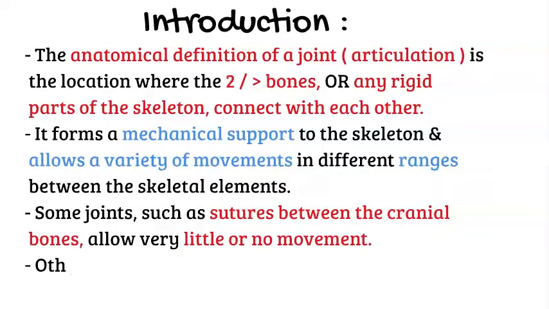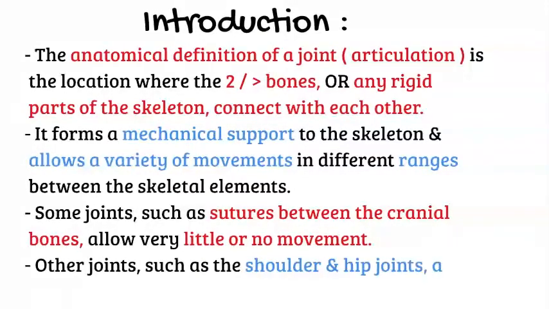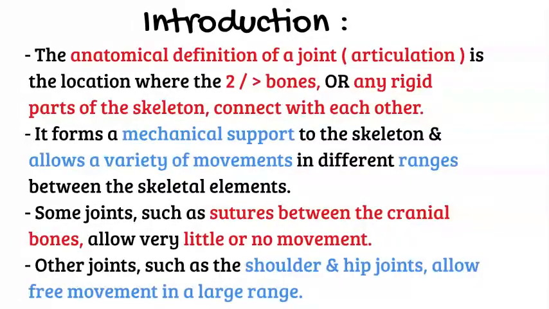Some joints, such as sutures between the cranial bones, allow very little or no movement. Other joints, such as the shoulder and hip joints, allow free movement in a large range.